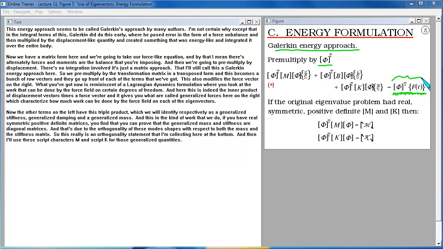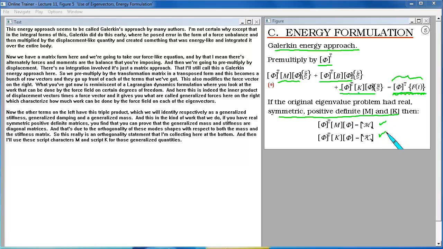Now the other terms on the left have this triple product, which we will identify respectively as a generalized stiffness, a generalized damping, and a generalized mass. And this, in the kind of work that we do, if you have real symmetric, positive, definite matrices, you find that you can prove that the generalized mass and stiffness are diagonal matrices.